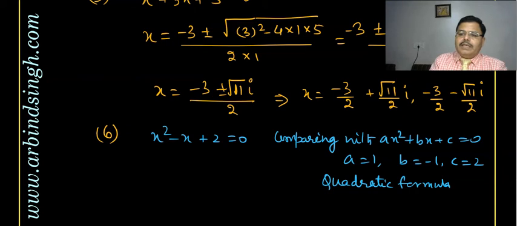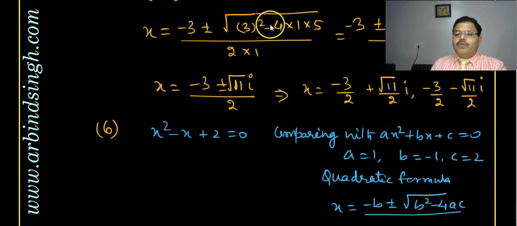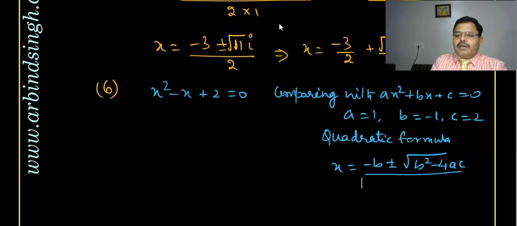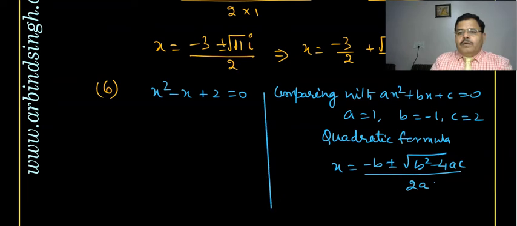Formula is x is equal to minus b plus minus root under b square minus 4ac, whole divided by 2a. This is what the quadratic formula says, right? And this is what I am using here. I hope you know that, right?